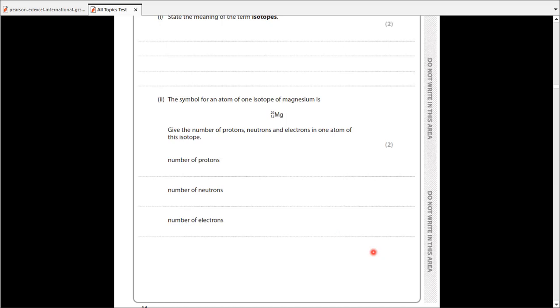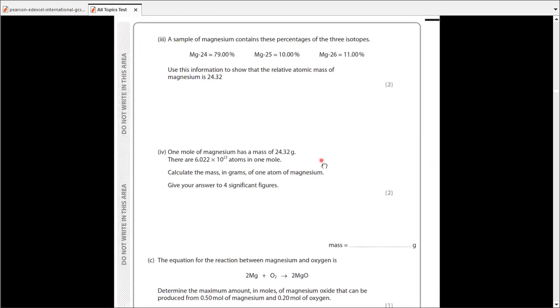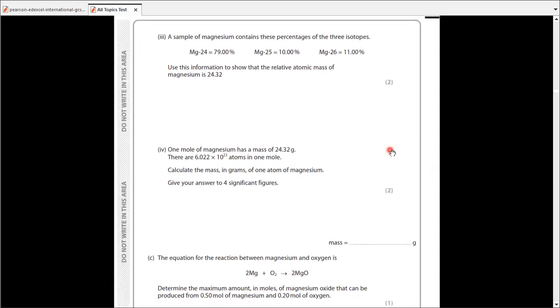And then electrons is the same as protons since it's not charged, so also 12. Okay, we'll move on to the next question.